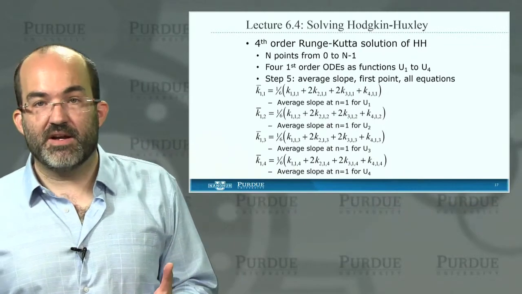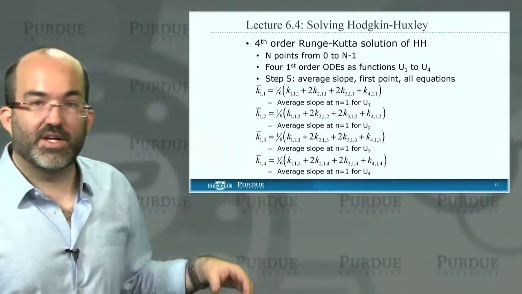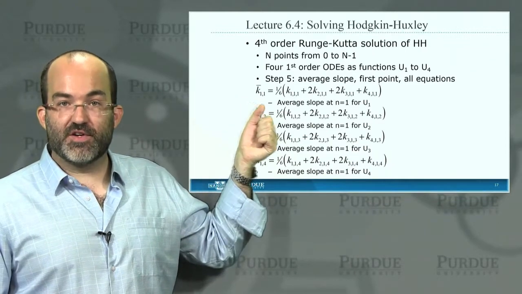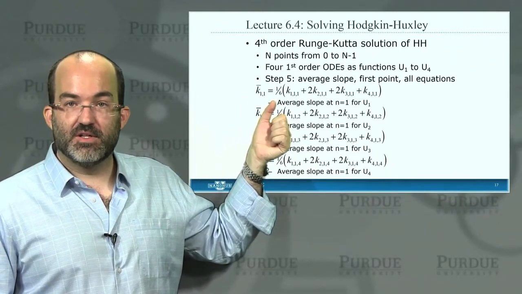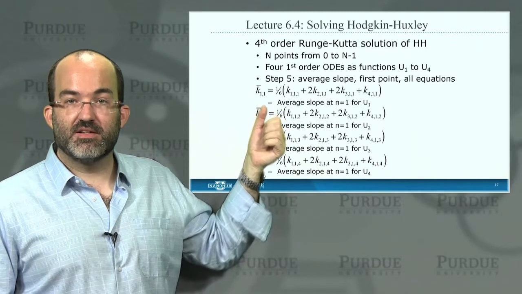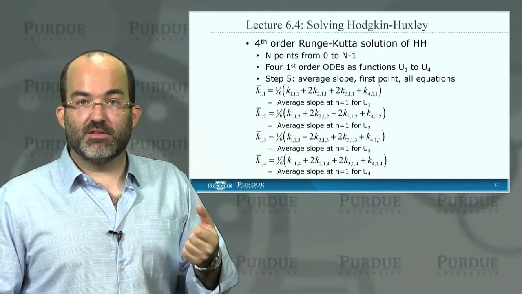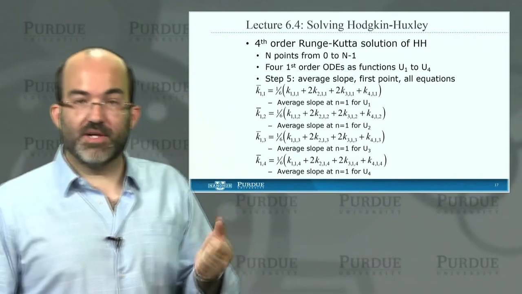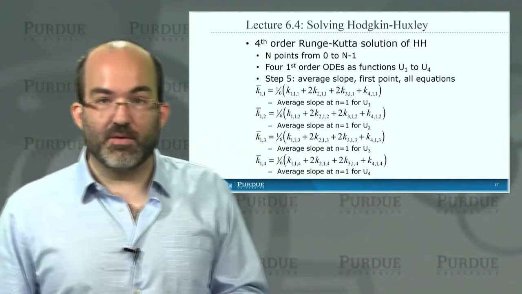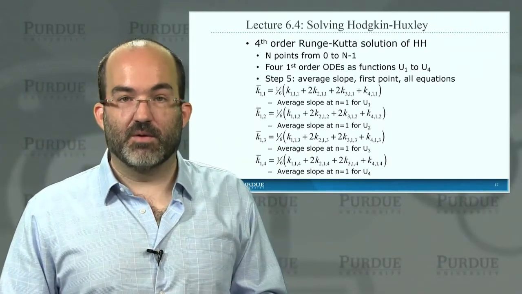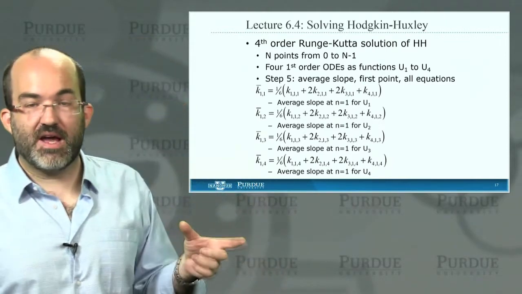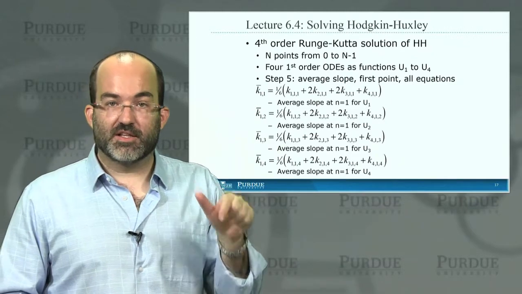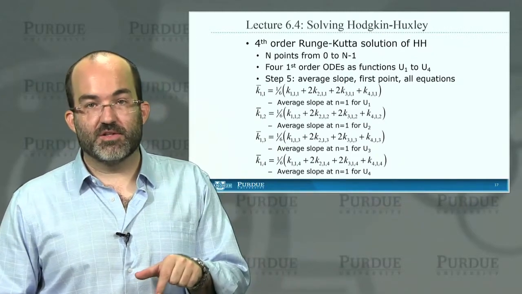Then we can take the weighted average of all those slopes, where k11 bar is the average slope at the first point for the first equation. And it is equal to 1 over 6 times k111 plus 2 times k211 plus 2 times k311 plus k411. So it's the weighted average of the first, second, third, and fourth slopes at the first point for the first equation.